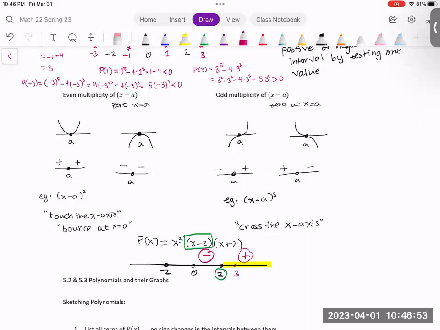Okay, next up, we are here at 0. That corresponds to this term x cubed, x minus 0 quantity cubed. That's, again, an odd multiplicity. So we're going to see a sign change. We were negative to the right, so we're going to be positive to the left.